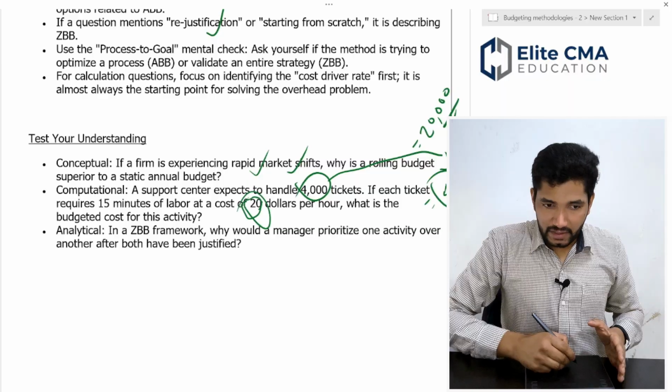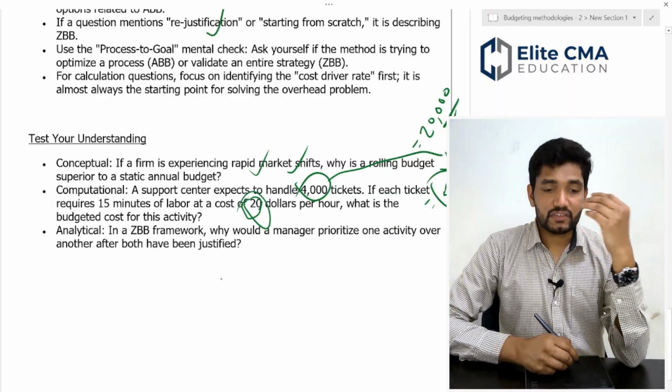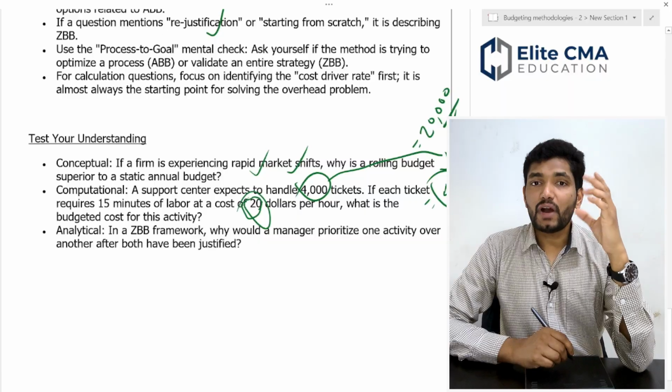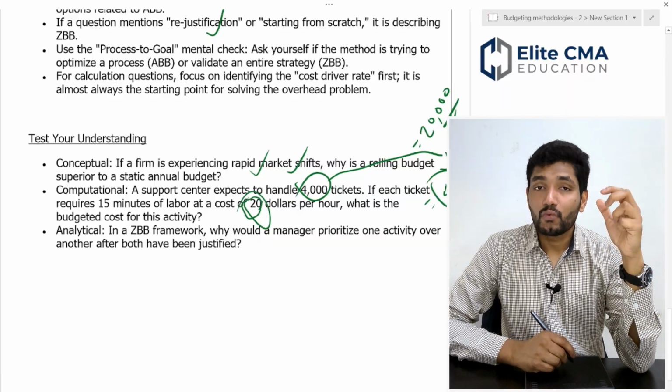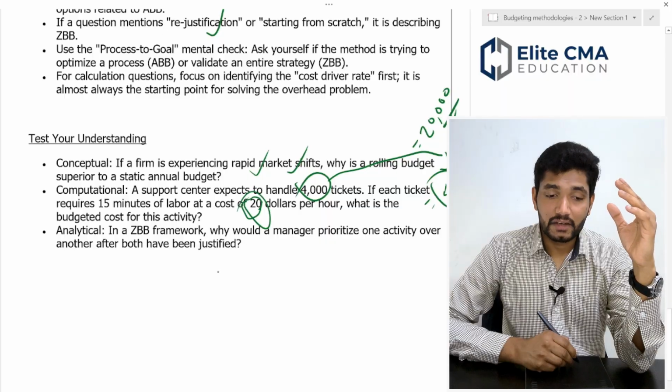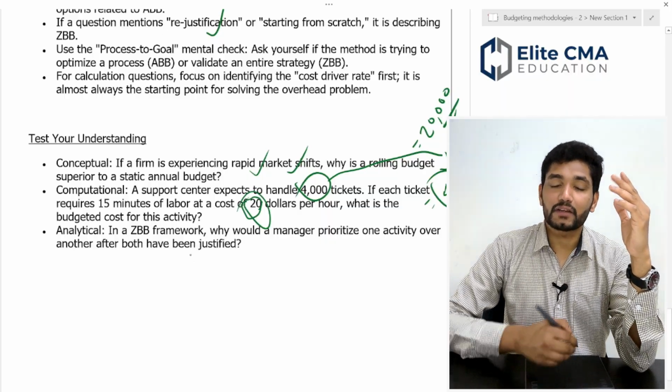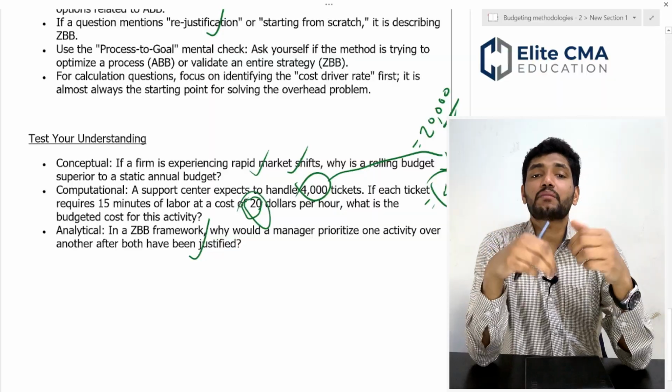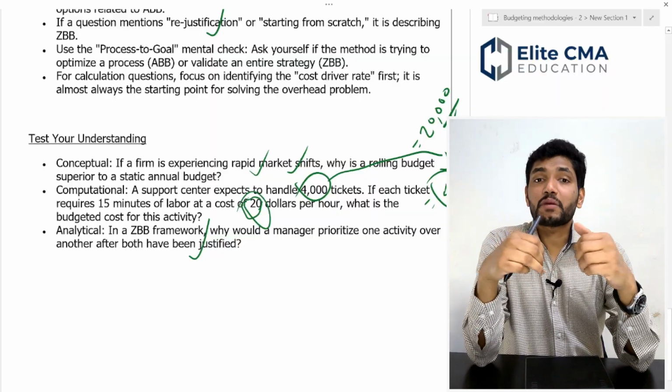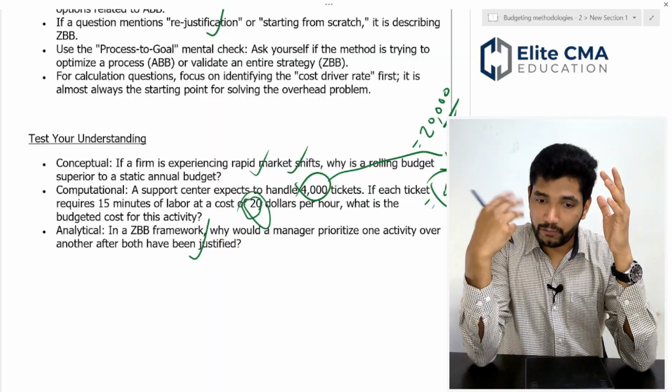Now let's move to case number 3. In a zero-based budgeting framework, why would a manager prioritize one activity over another after both have been justified? In zero-based budgeting, in some cases multiple activities are justified.